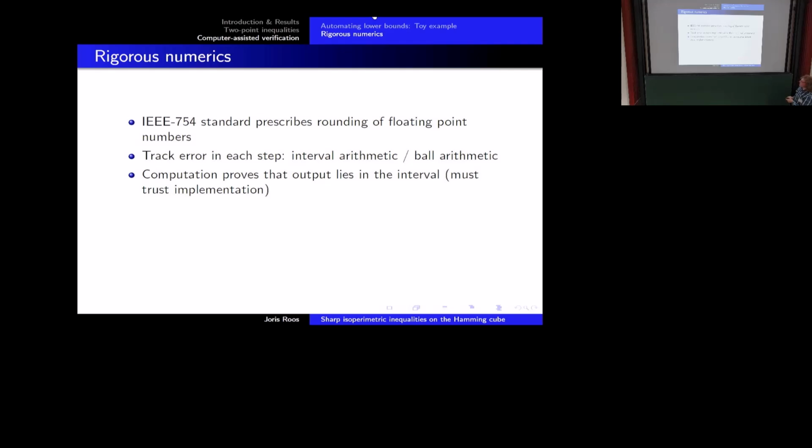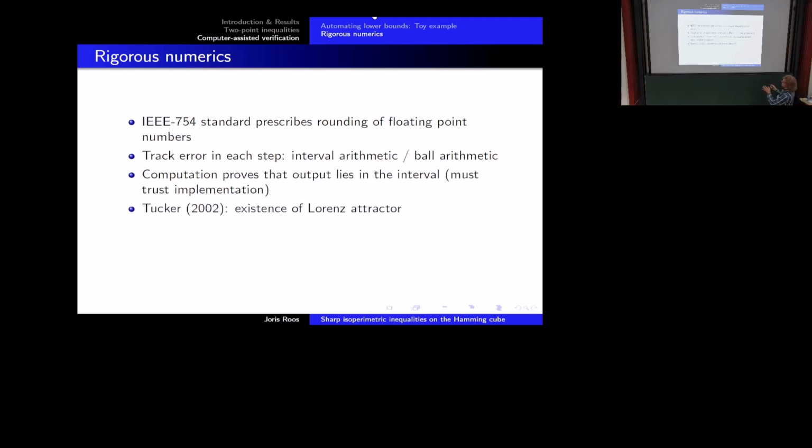And in that way, you can produce a program with the property that as long as you trust both the hardware, which we trust because we trust that it implements IEEE 754, of course that can be debated also, but let's just pretend we live in a perfect world where that protocol is implemented perfectly, and then we also trust the software implementation, then the computer can produce proofs that the output of some computation lies in some interval of two specific floating point numbers.